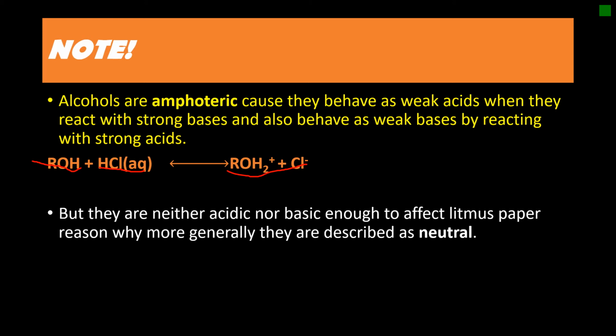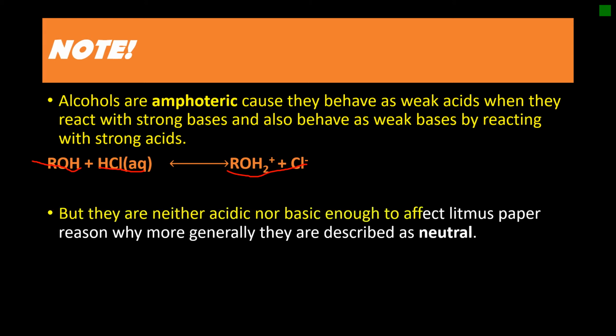Previously, we saw that alcohol was reacting as an acid because it was together with a strong base, which means that any substance which reacts as an acid when it is together with a base and reacts as a base when it is together with an acid, we call that substance amphoteric.